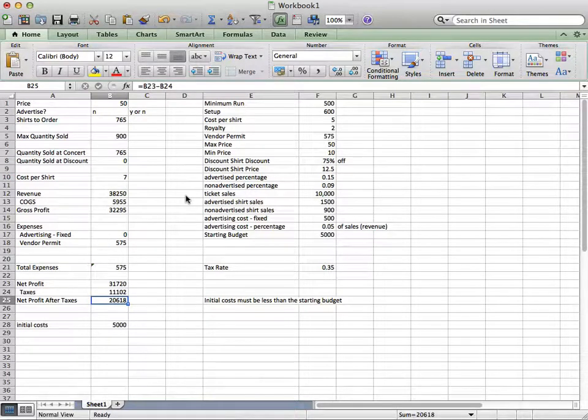So clearly her decision is don't advertise, charge as much as you can for the shirts, and order 765 shirts because it's what she can order given the amount of money that she has on hand. This is the end of the solution.